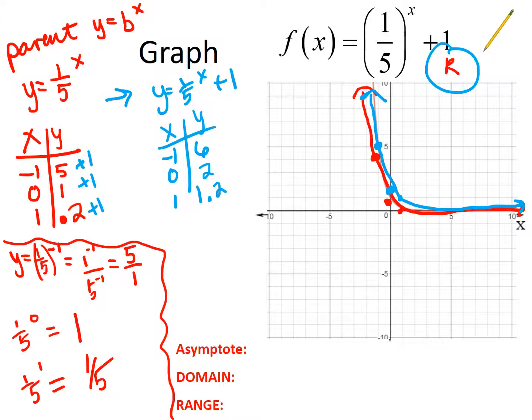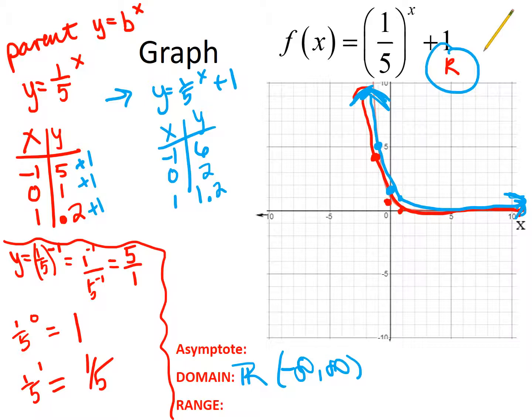So what's my domain and range for this function? Well, I'm not restricted on the left or on the right. So that means that it's all real numbers, or negative infinity to infinity. And then my range is going to be dictated by that asymptote. You guys, when I talked about asymptotes, it's never crossing that line, right?